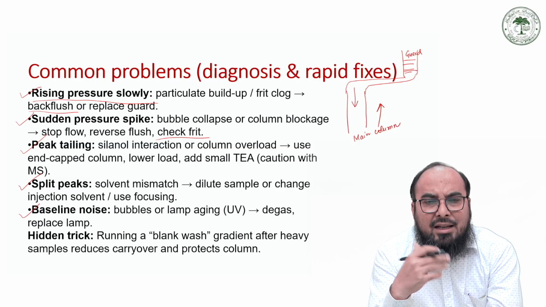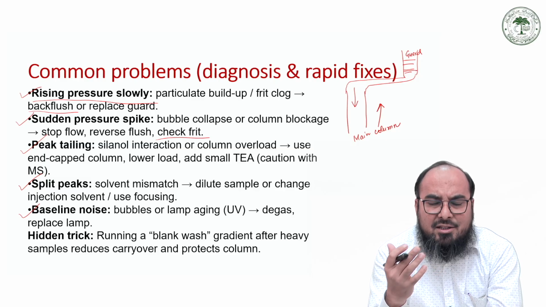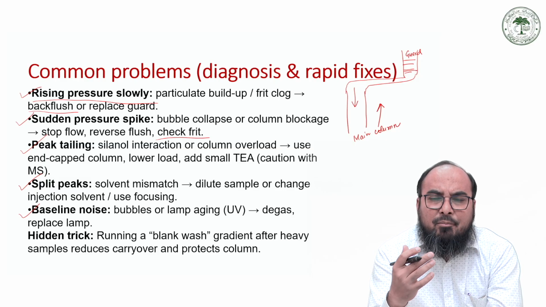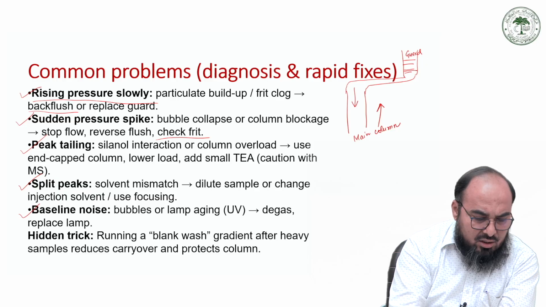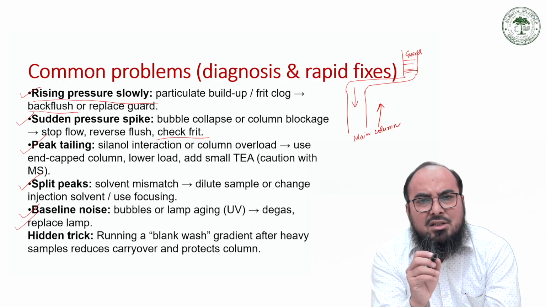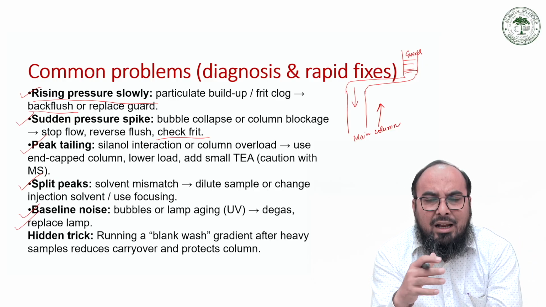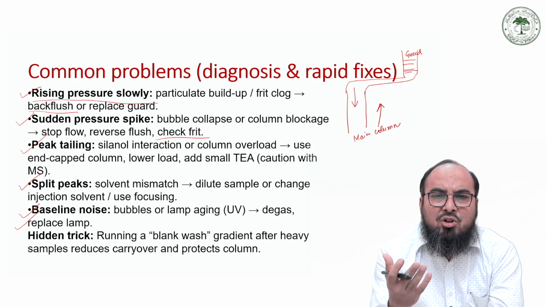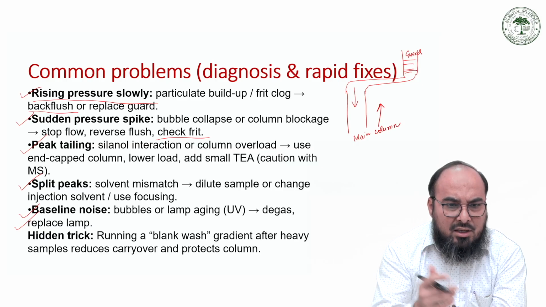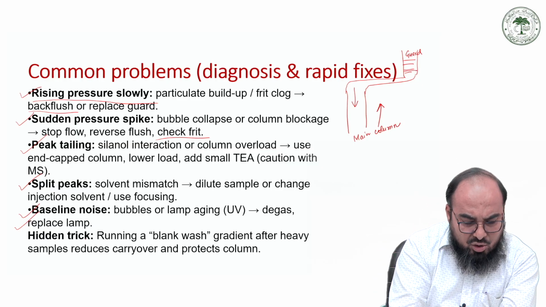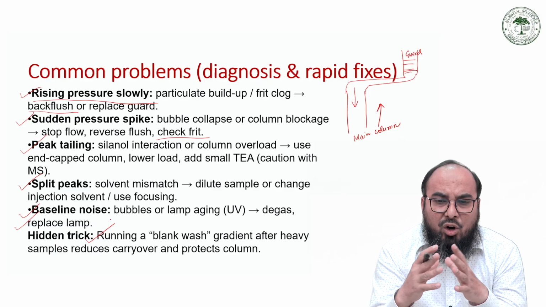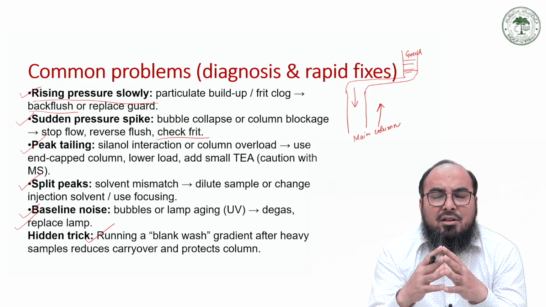In that case we have to degas our mobile phase, so that we can rule out the presence of any oxygen, or in some cases the lamp has to be replaced. The UV lamp, which is generally a hydrogen or argon based lamp, needs to be replaced. So always you have to do a blank wash gradient, so that you can have a good separation all the time.